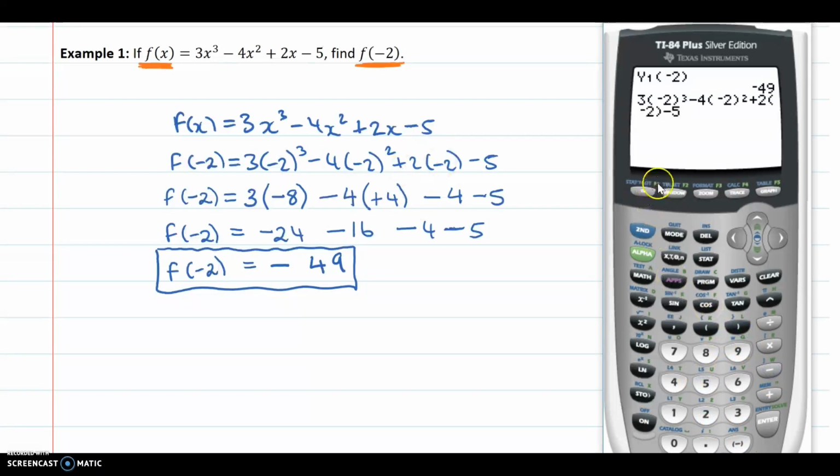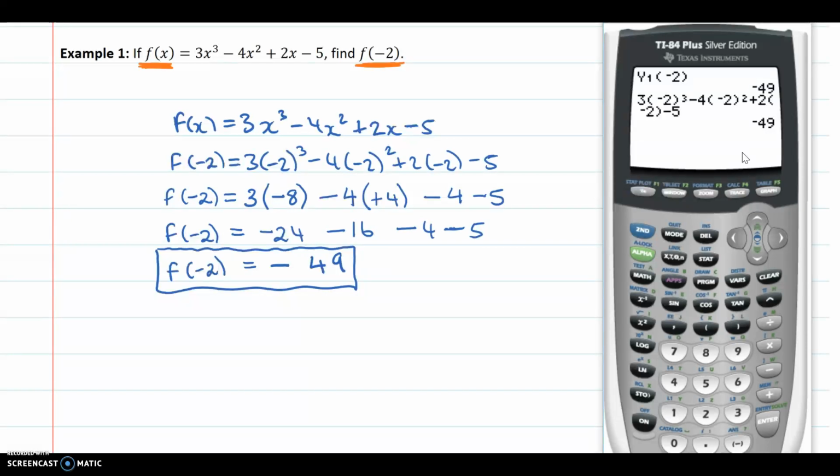And this might be the simplest way, but it's a lot of typing. But if you do that, again, you get negative 49. So that's 3 ways of using your calculator to get the same answer. Okay, and it's worth your while learning at least one of those and knowing it very well.